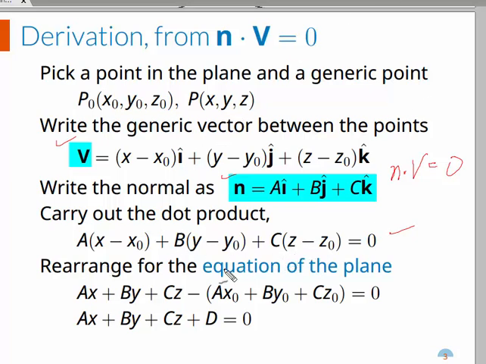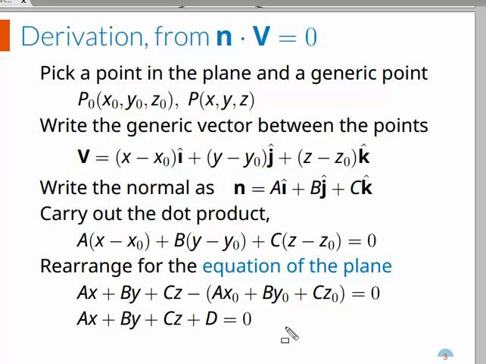Now we rearrange this equation, and here we have the x, y, z's that we're trying to test. All of these terms are known. The x0, y0, z0 was known to be a point in the plane, and the a, b, c are the components of the normal. That's abbreviated as d. This isn't the only way to write this equation. You have to be a little careful when you're looking at this equation.